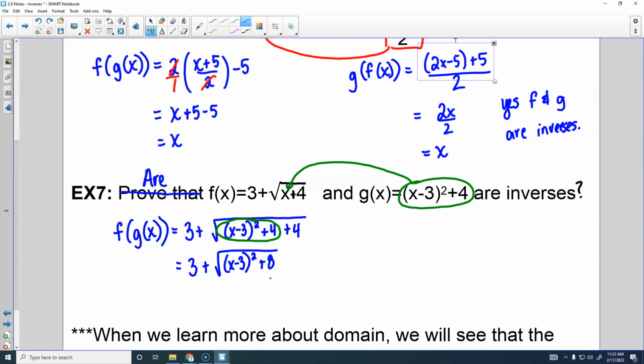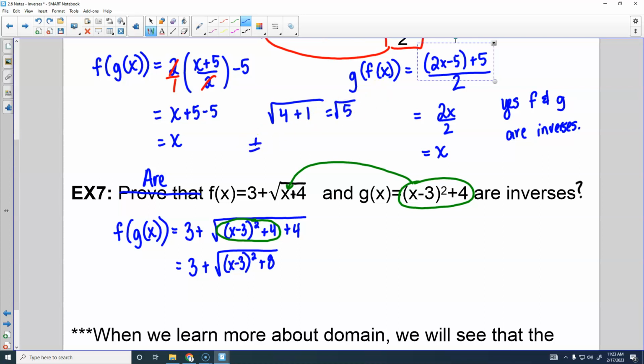Can I simplify that any further? I might feel like I could, maybe that square root and that square right there will cancel each other out, but that's not going to be the case if I've got that plus 8 on the end. So if I have the square root of 4 plus 1, that is the square root of 5.